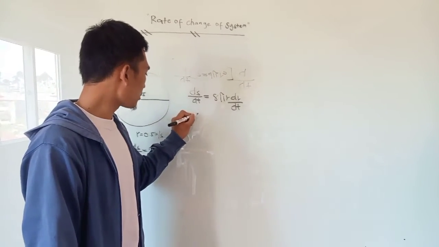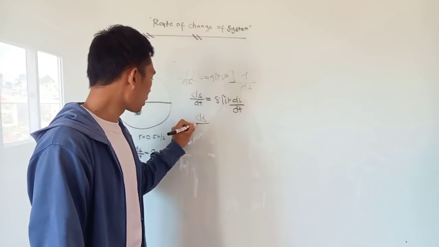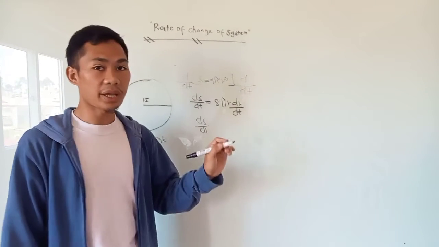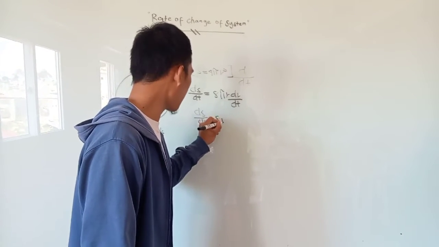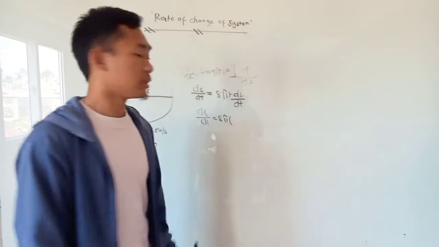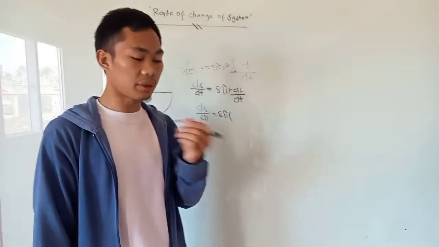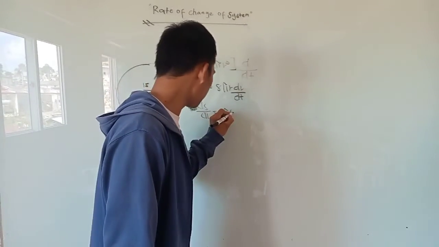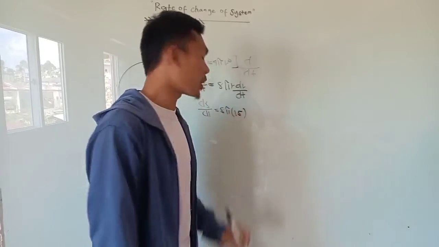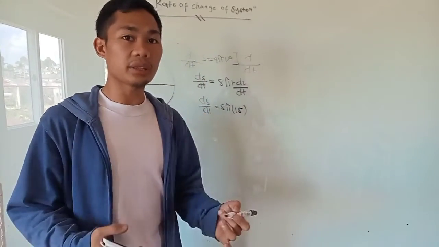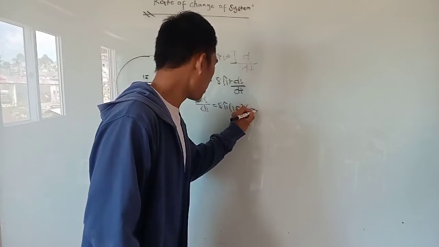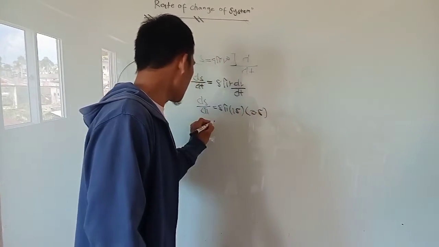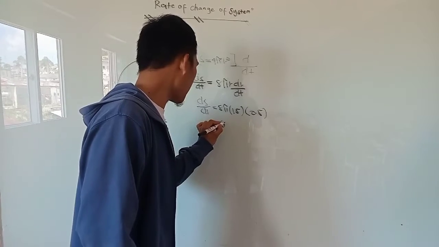By plugging into our calculator, 8 times pi times 15, because r is 15, the radius of the sphere, and dr over dt, the rate of change of the radius of the balloon, is 0.5. So we have 60 pi.